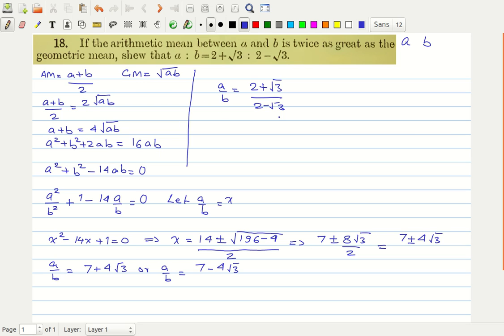And if we rationalize this expression, we will find that A is to B is actually equal to, I multiply the numerator and the denominator by 2 plus square root 3.